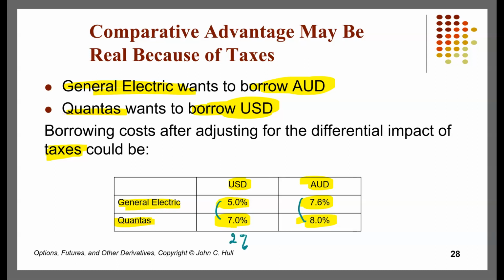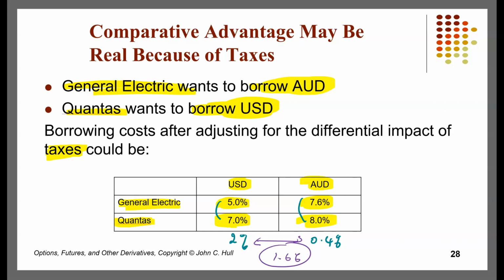The difference between the two here is only 0.4%. And so we see that there is a mismatch between these two markets of about 1.6%. And that's the 1.6% that could essentially be saved by both parties.